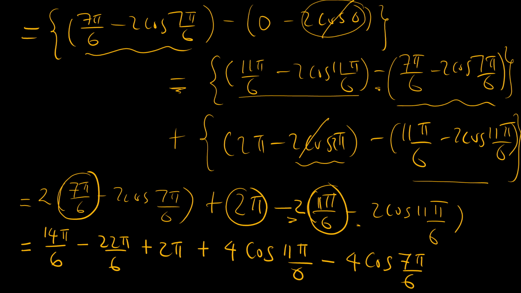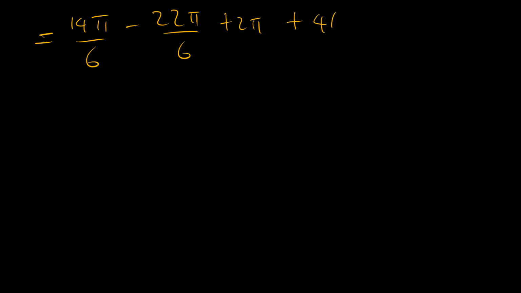So let's maybe write that again. So we have 14 pi over 6 minus 22 pi over 6 plus 2 pi plus 4 cosine 11 pi over 6 minus 4 cosine 7 pi over 6.